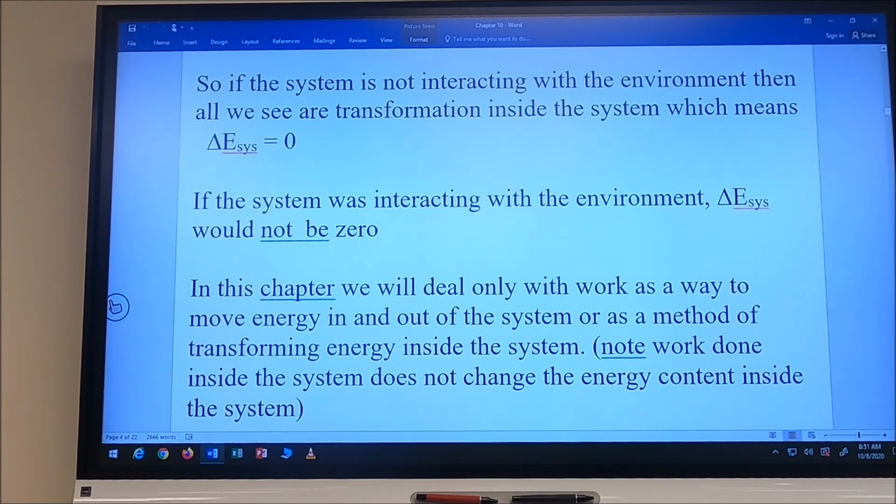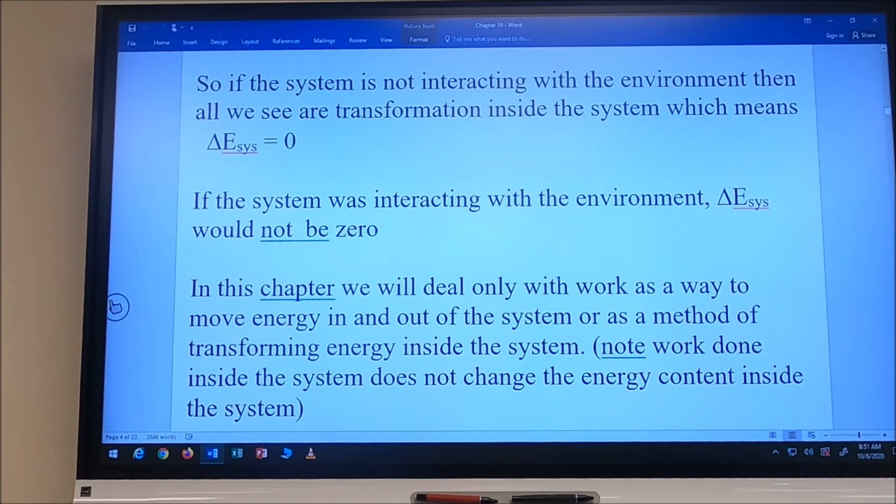If the system is not interacting with the environment, then there are only transformations, no transfers, and the energy inside the system doesn't change, so the change in energy of the system is 0. Okay? If the system is interacting with the environment, the change in energy of the system won't be 0.